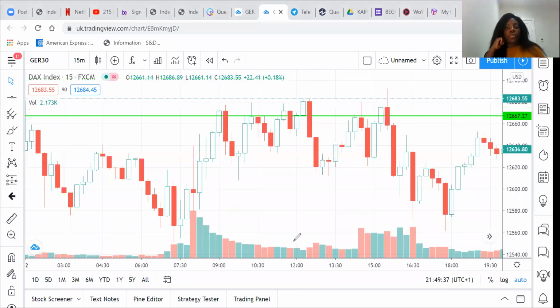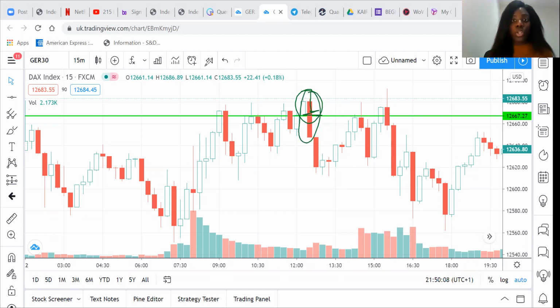Now, some people might have got caught out here, thinking, cool, it's broken through with that buy candle, and then a sell candle is formed, so I'm going to go in here. But look at where that sell candle finished.